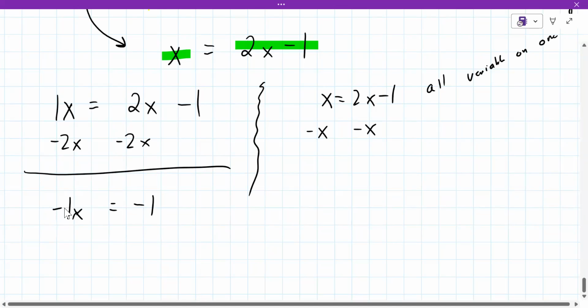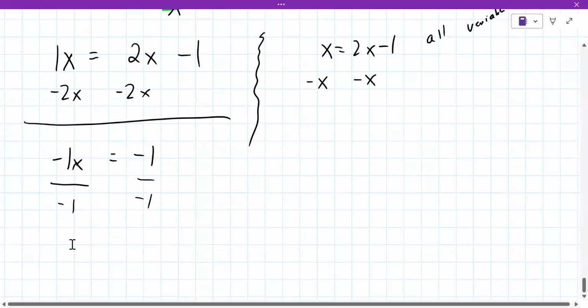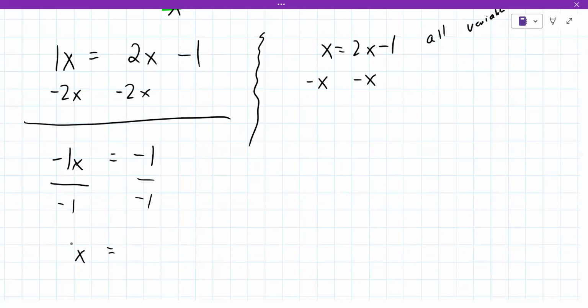How can you undo a negative? You would multiply or divide by negative 1. So on the left, this becomes x equals 1 on the right.